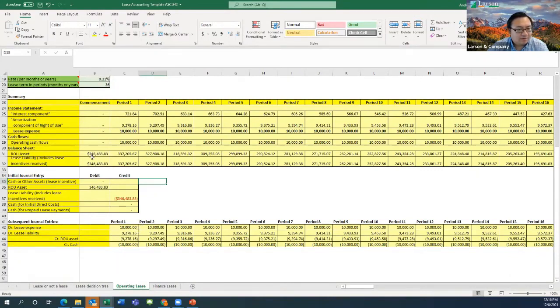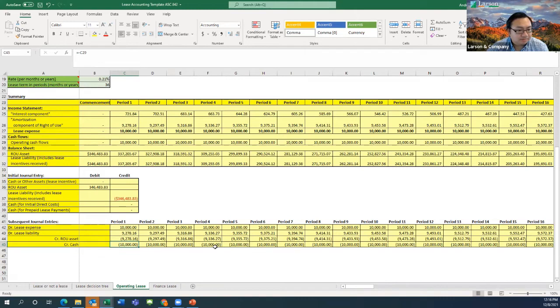Subsequently, after our initial entry, our subsequent entry will be this. As we pay that $10,000, we'll record it as lease expense. The lease liability will be amortized using the interest rate method. We'll decrease the right of use assets, and then total cash out will be recorded there as well.